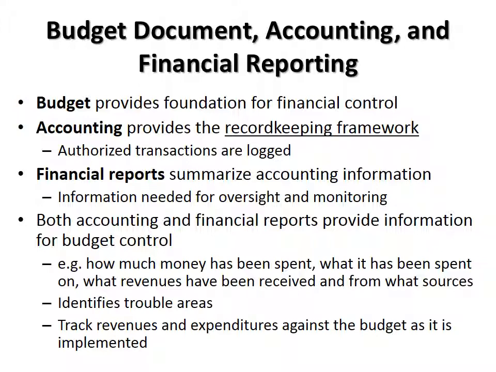For example, we can use information from the accounting system and summarize or aggregate it into a financial report to track how much money has been spent, what it has been spent on, what revenues have been received, and from what sources. As a result, the accounting system is useful in identifying trouble areas, for example, where spending is becoming out of control or where revenue lags expectations.